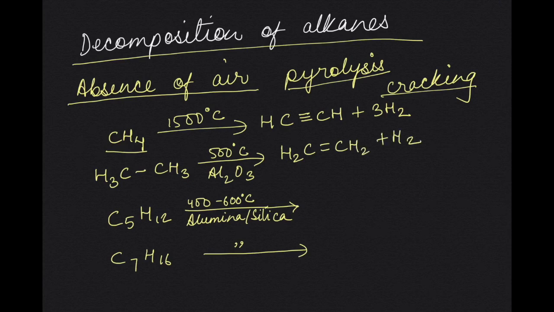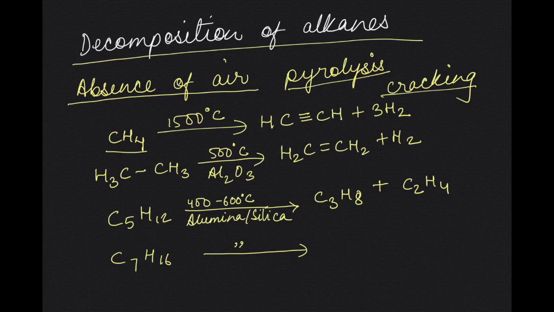Similarly, pentane, when we heat at 400 to 600 degrees Celsius in the presence of alumina or silica as catalyst, remember, air is absent, propane is formed, and ethene is formed.